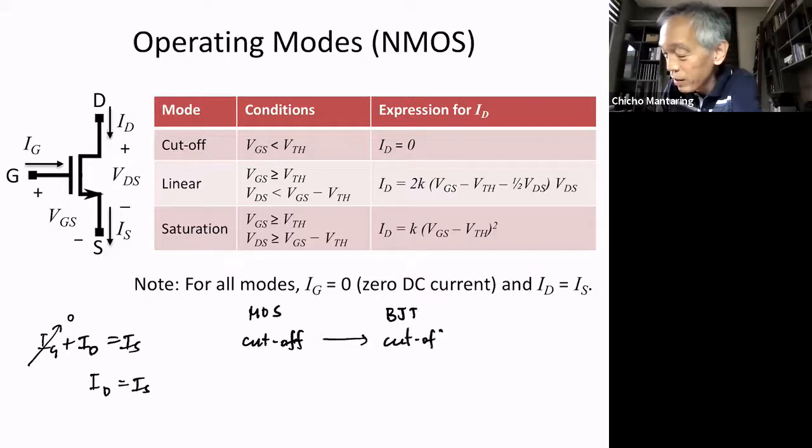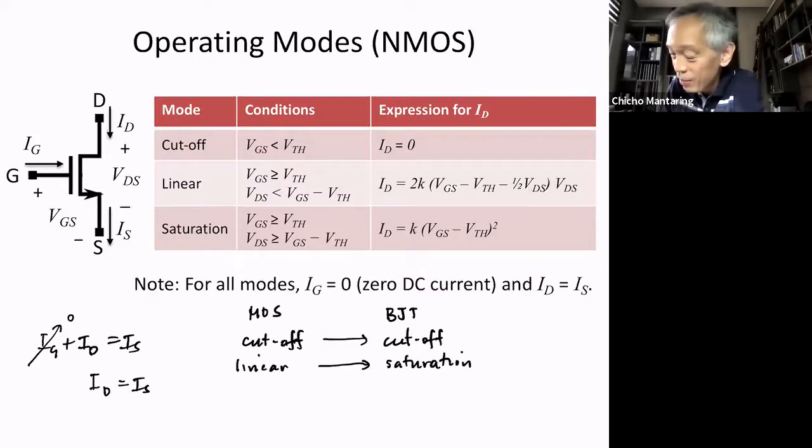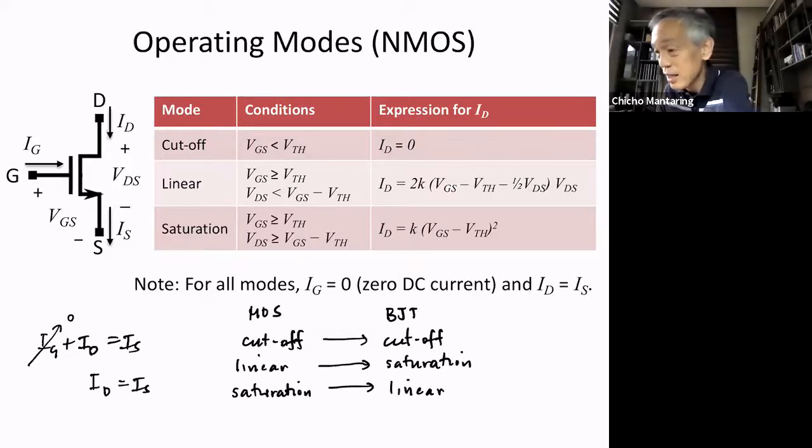But linear here is what corresponds to, or what is closest to, saturation in the BJT. And saturation in the MOS is what corresponds to, no, sorry, maybe better to use active.